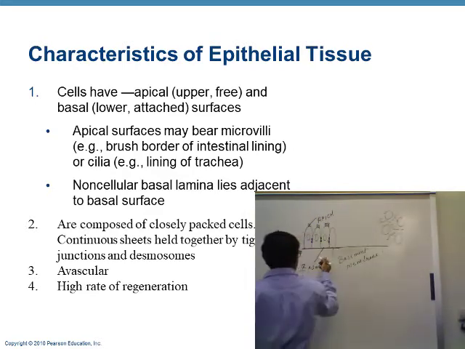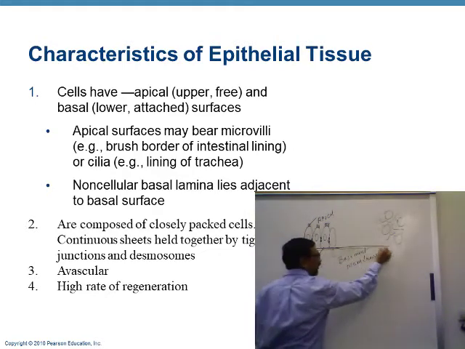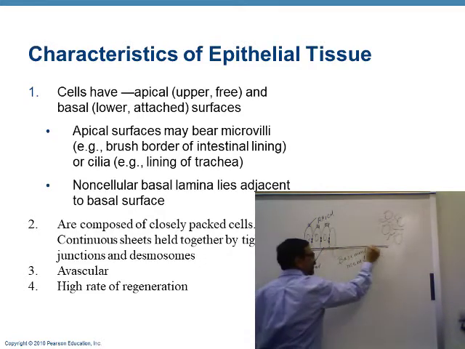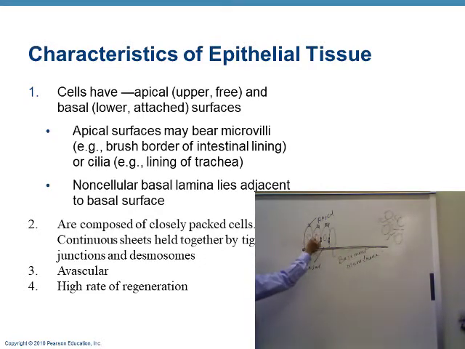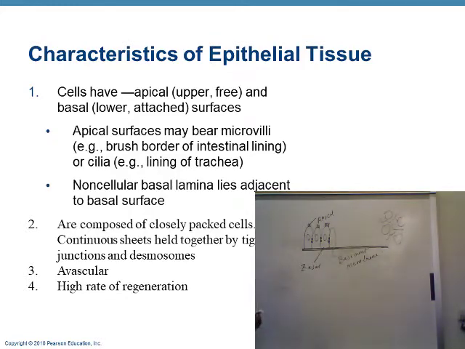That's why you remember I said that basement membrane is a connective tissue, and epithelial cells are always resting on the basement membrane, which is a connective tissue, and connective tissue has plenty of blood vessels. So what happens, you see the blood vessels are here.